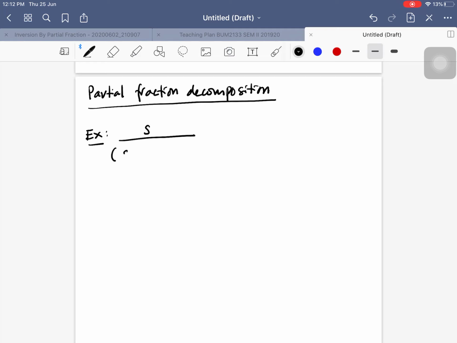Let's say the first factor I have is a quadratic one, s squared plus 2s plus 1, and the second one is a linear factor of s plus 2. Okay, so how do you decompose when you come across a fraction that looks like this? This is a very complicated function. You cannot Laplace inverse this, so that is why you have to make it into smaller fractions that you can reduce and Laplace inverse. That is the main reason why we do partial fractions.